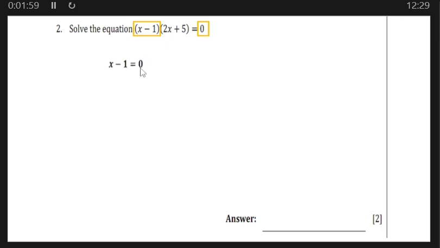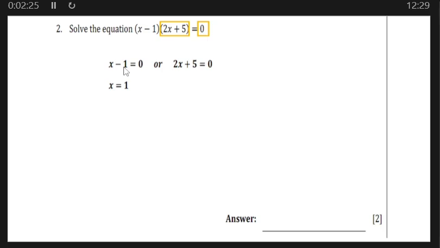Then you also equate the other bracket to 0, so you say 2x plus 5 equal to 0.